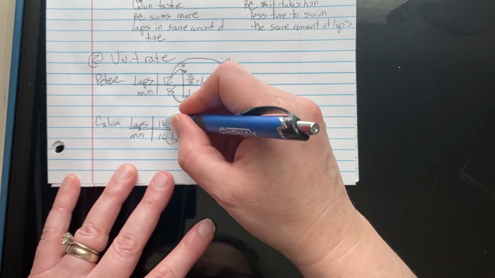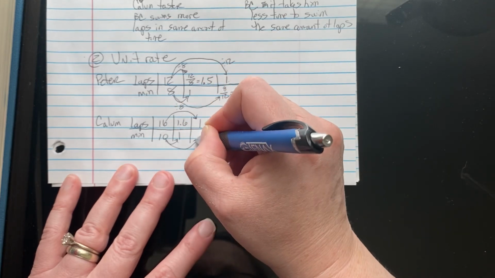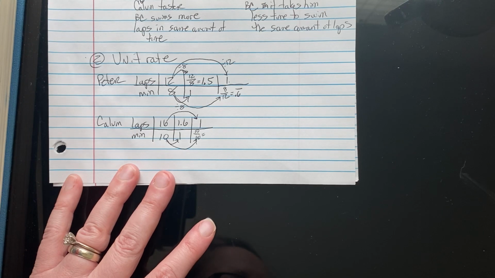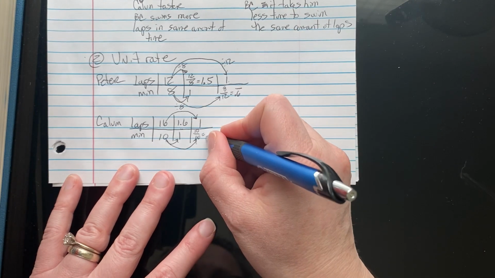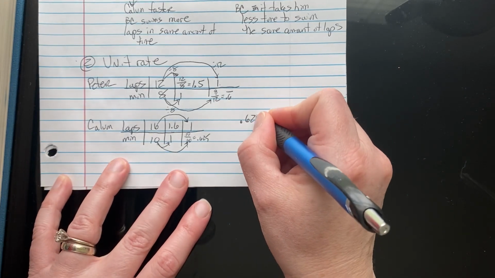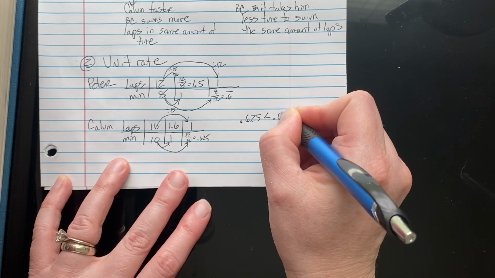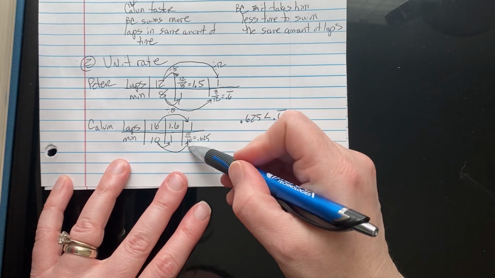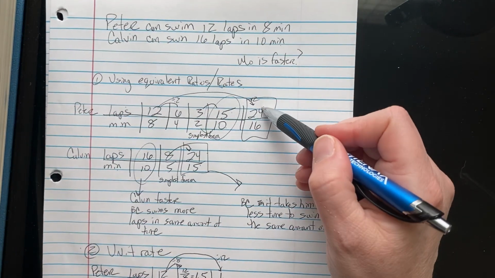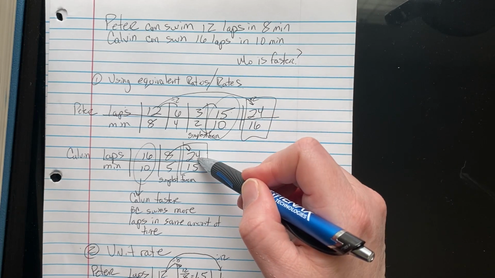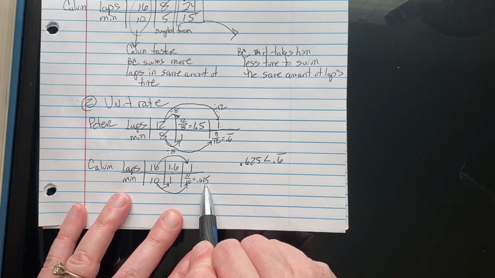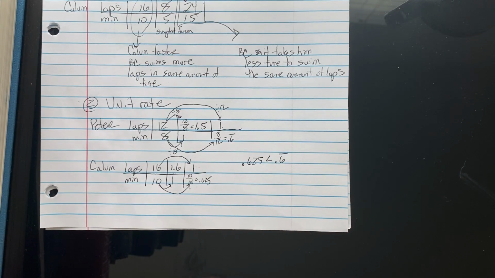Down here, Calvin, dividing by 16, dividing by 16, 10 divided by 16, don't want to think today, 0.625. So because 625 thousandths is less than 0.6 repeating, this is the same relationship we saw up here, where in the equal amount of laps, it took him less time. That's why unit rates are really, really easy to work with.